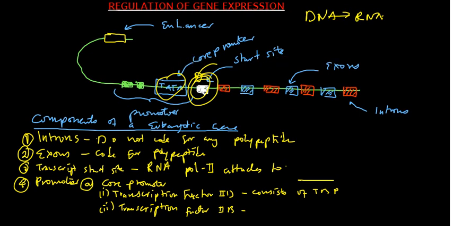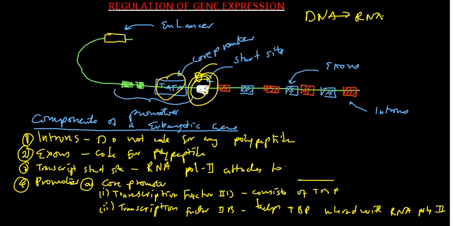So for RNA polymerase to move, transcription factor 2B helps the Tata binding protein interact with RNA polymerase 2. Alright, so that is the function.